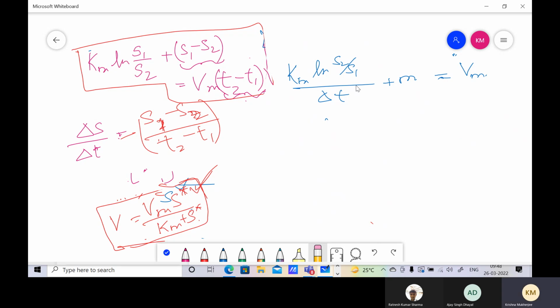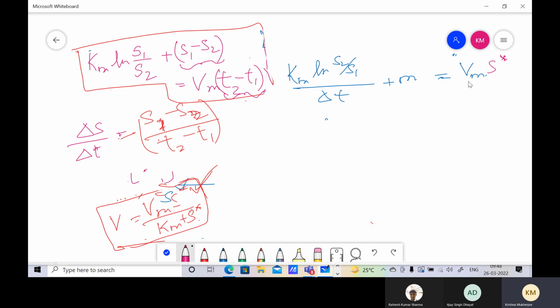Now I multiplied both sides by some S star here, right? I'm running out of time, and think about this. I multiply this by S star, and I want you to think about, I want you to match.